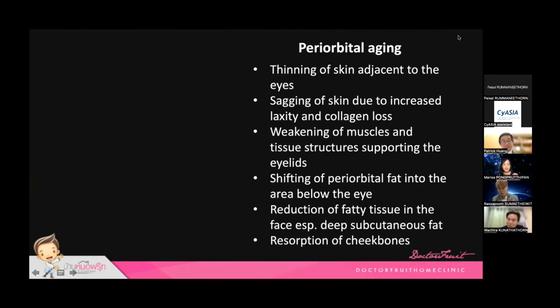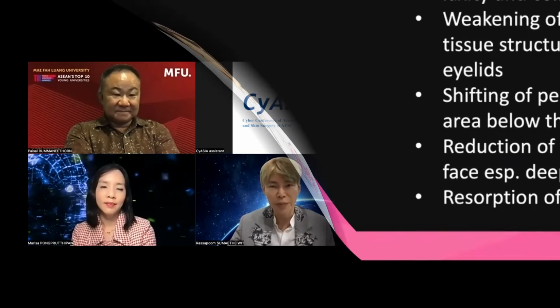And when we talk about this, I just introduce you to periorbital aging, what we are going to have when we age. First, we have thinning of the skin adjacent to the eyes. We have sagging of the skin due to increased laxity and collagen loss. And also the weakening of the muscle and tissue structure supporting the eyelid.